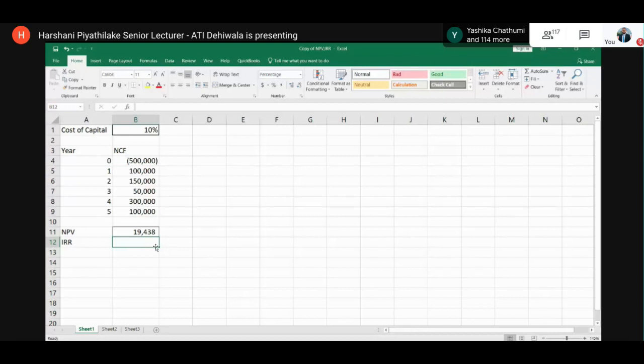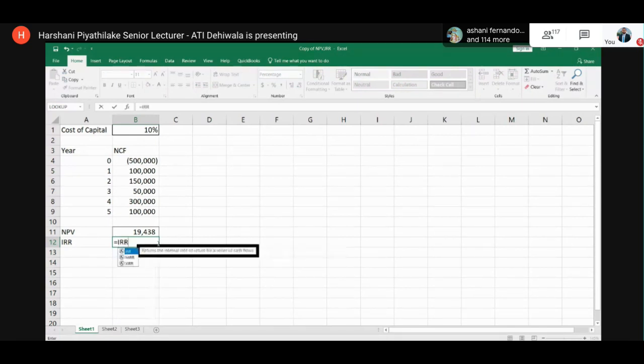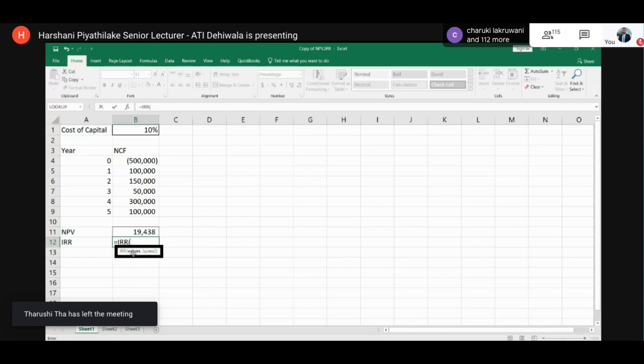Then here also you can select IRR, press equal, just type IRR, then you can take the IRR formula, double click, then you can take the relevant formula to the cell, then select the values of IRR, right?